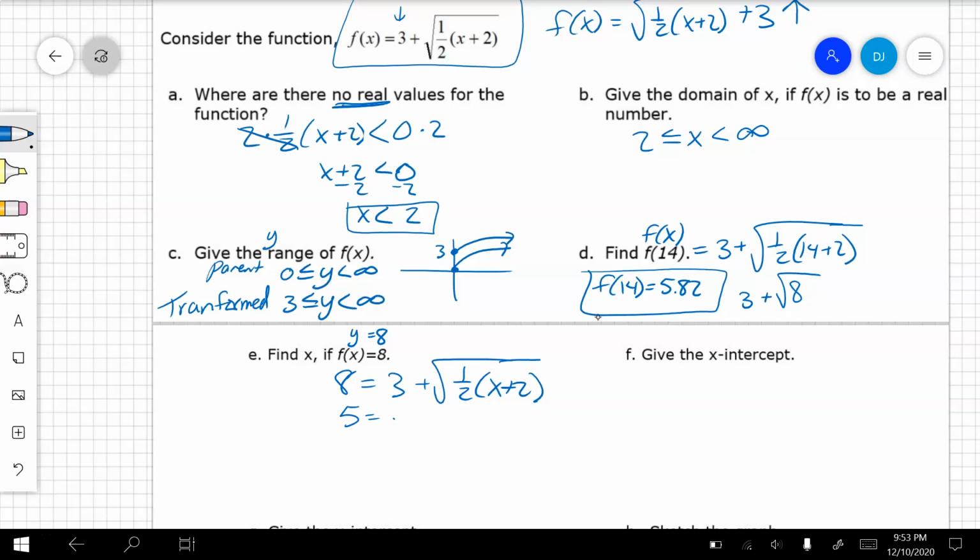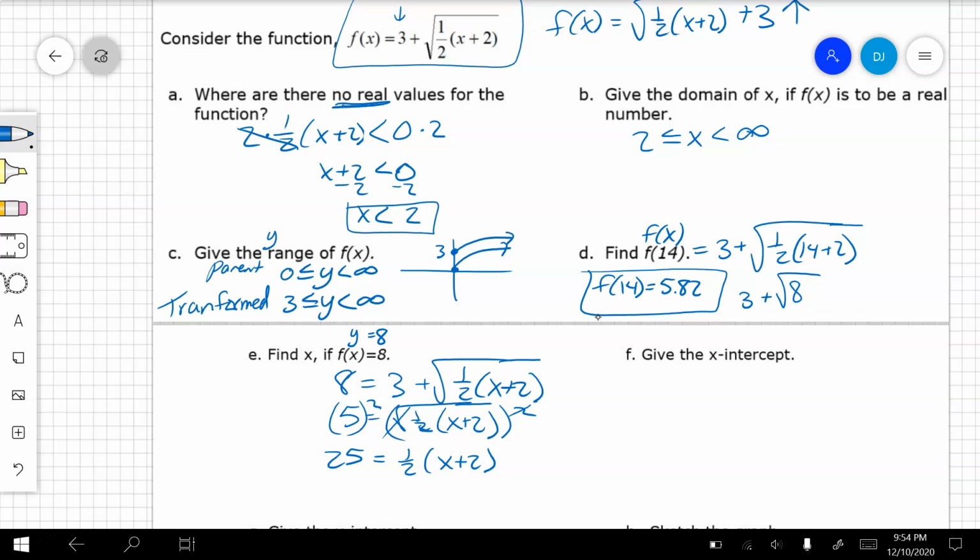That becomes 5 equals the square root of 1/2 times x plus 2. Now if I have a square root, the inverse of a square root is to square both sides. So we're left with the square root and the square cancel each other out, they simplify. Okay, and that would just end up being 1/2 times x plus 2.